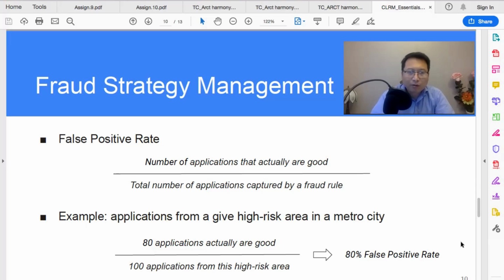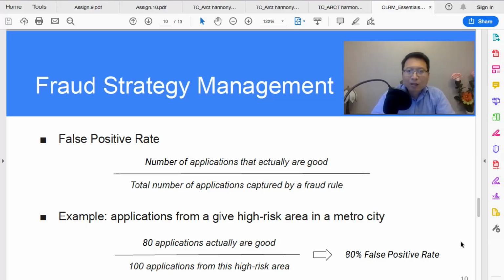If all applications come from this area, we want to identify and decline them. Through data analysis, you know that for every 100 applications from this high risk area, 20 are bad, fraudulent, but the 80 applications are actually good. So your false positive rate for this rule is 80 divided by 100, that's an 80% false positive rate.